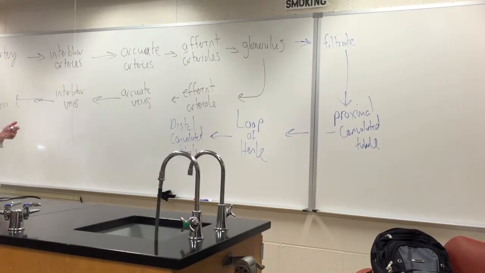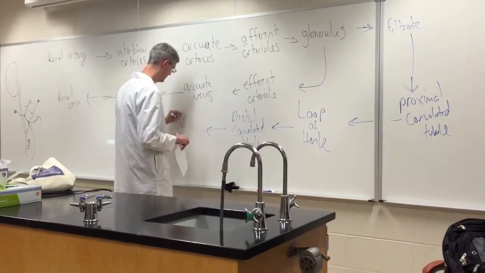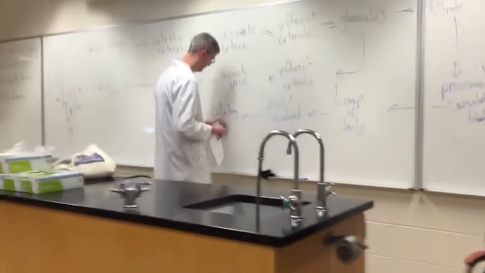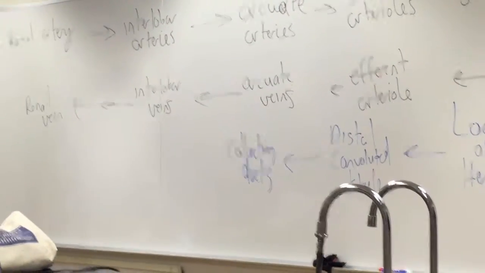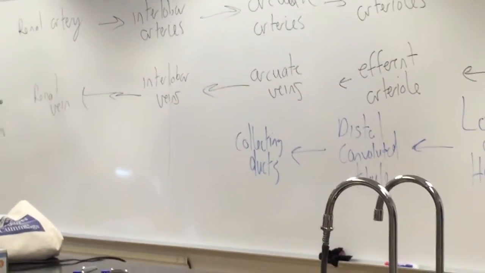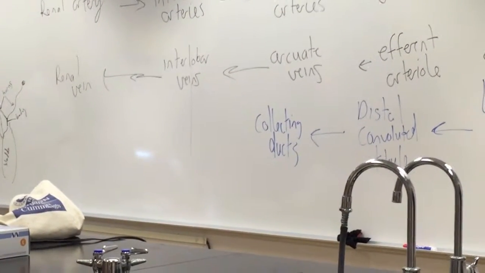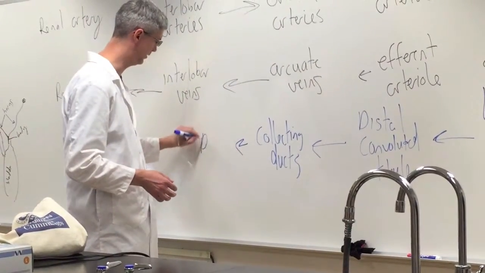The distal convoluted tubules go into the collecting ducts. The collecting ducts join together to make your renal pyramid. So we call it the pyramid.